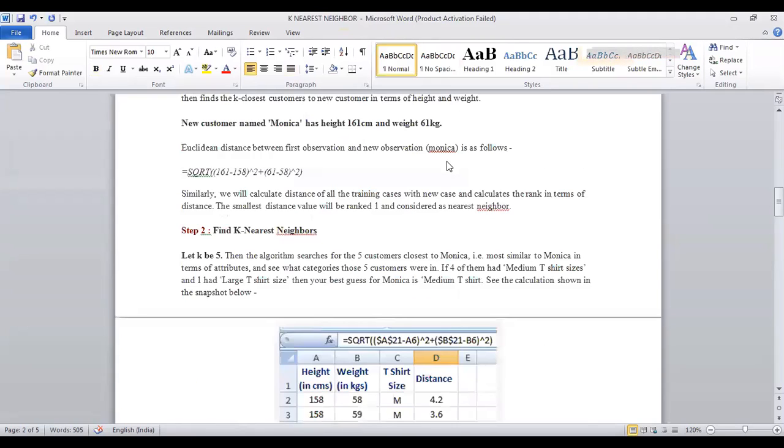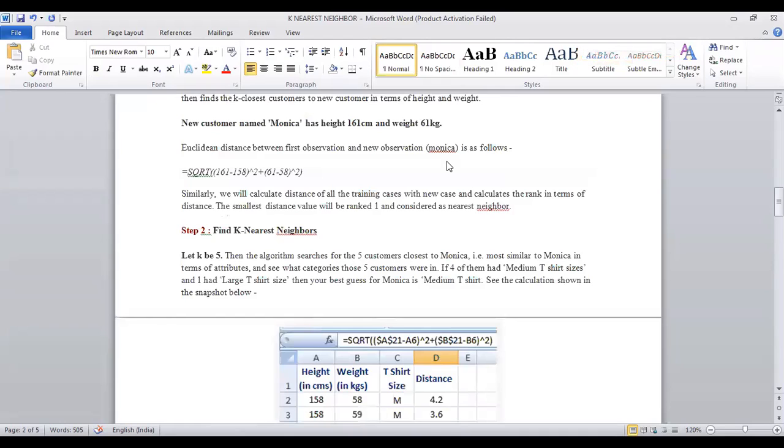So we have to check the t-shirt size for that particular customer. The new customer named Monica has height 161 and weight 61 kg. So there is no output for this. We need to find the output as medium, large, or small. Okay, so now this is the new data point: height 161 and weight 61.